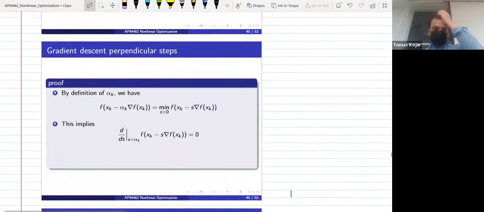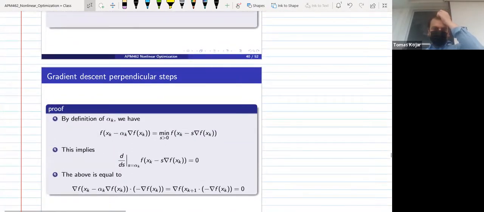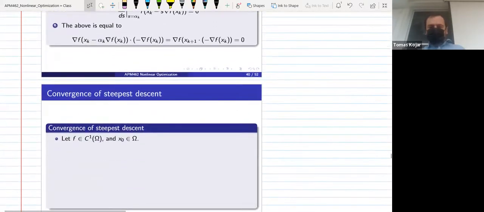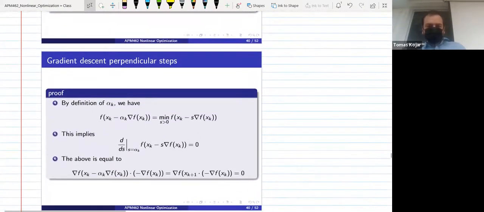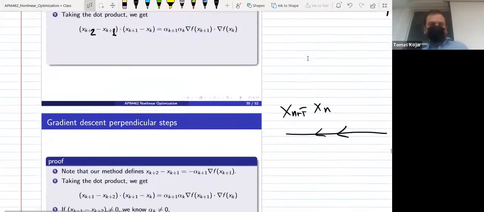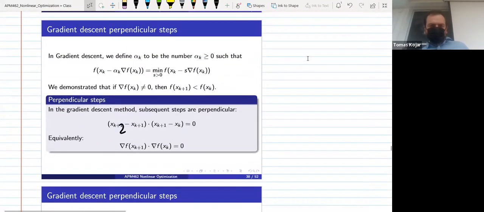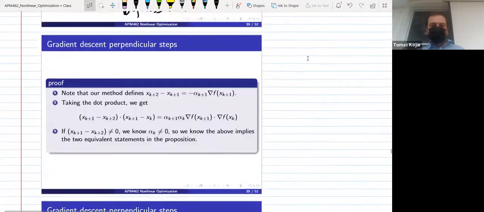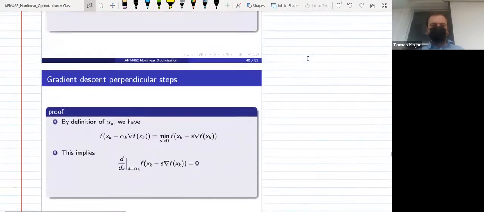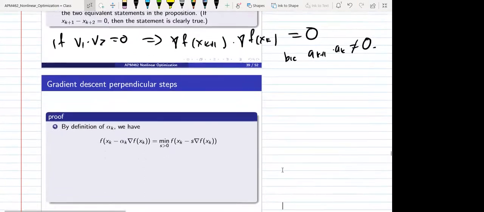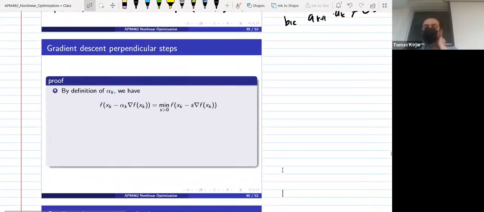What am I proving? Oh yeah, I'm going to prove to you that the steps are perpendicular. By definition, the jump was defined like this.